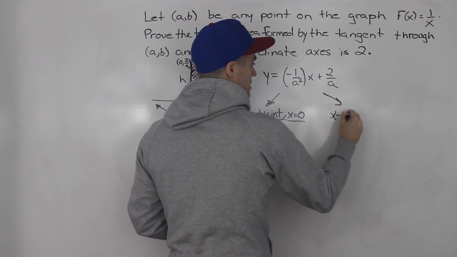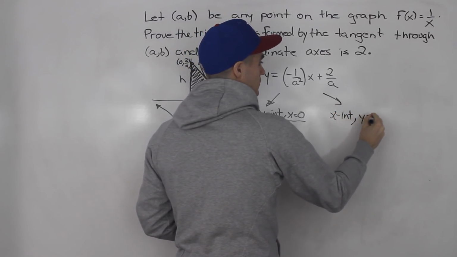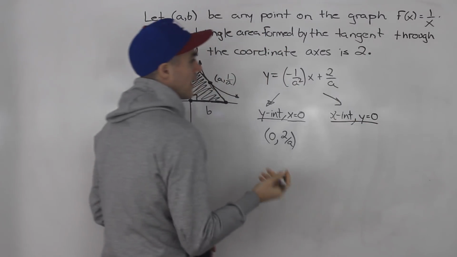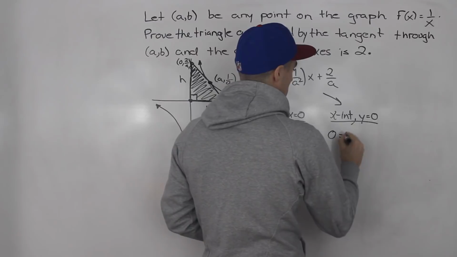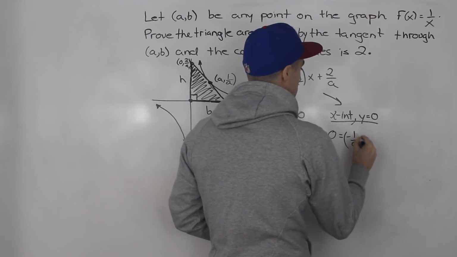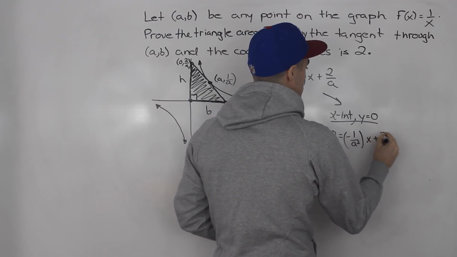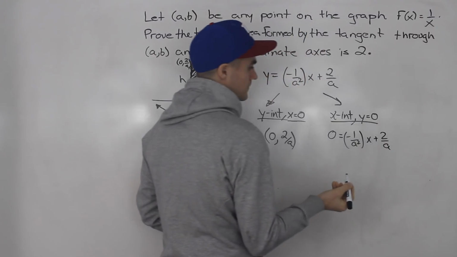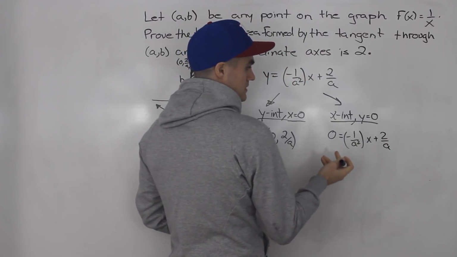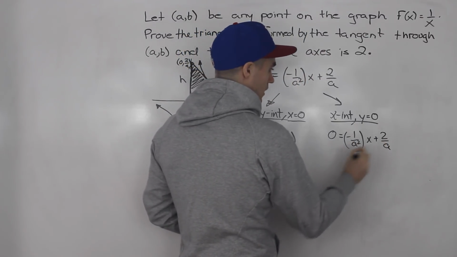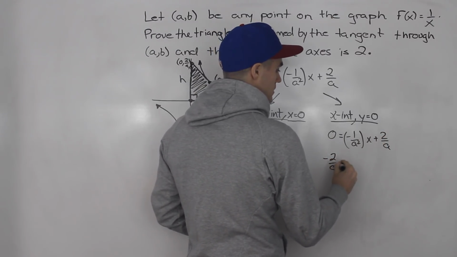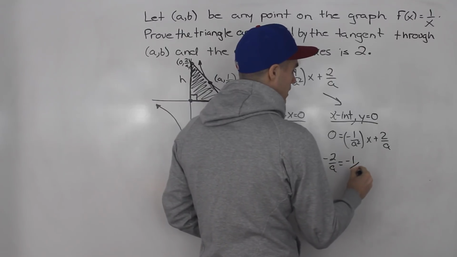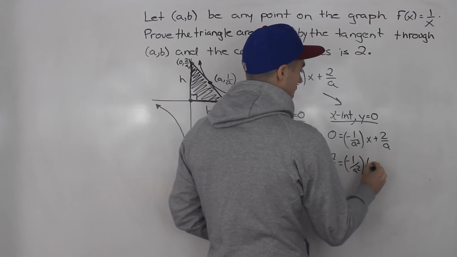Well, for the x-intercept, we have to plug in y is equal to 0 and then isolate for x. So we plug in 0 for y here. So we'll have 0 equals negative 1 over a squared x plus 2 over a. Right, so let's bring this positive 2 over a over, and that'll be negative 2 over a equals negative 1 over a squared times x.